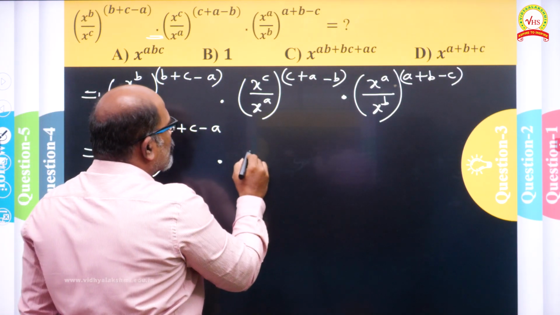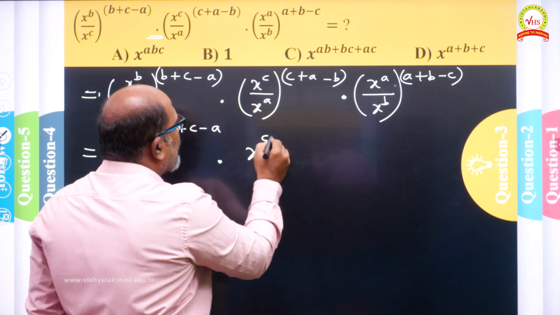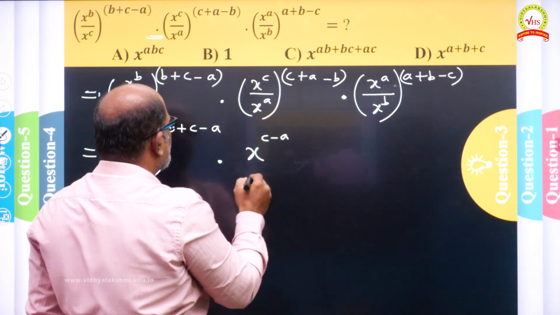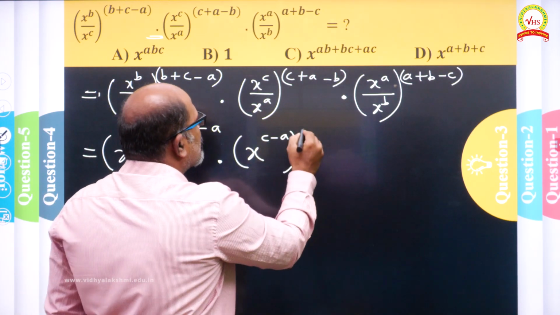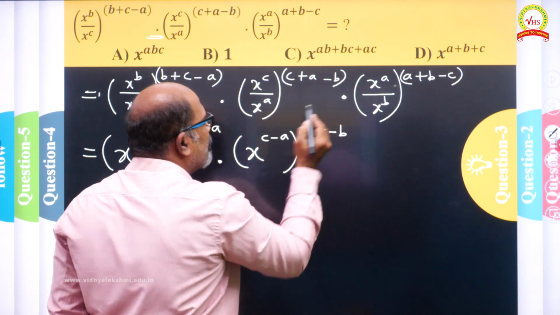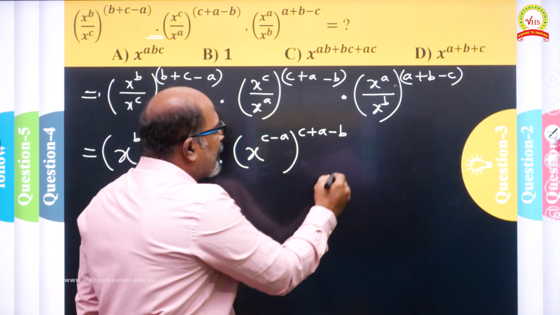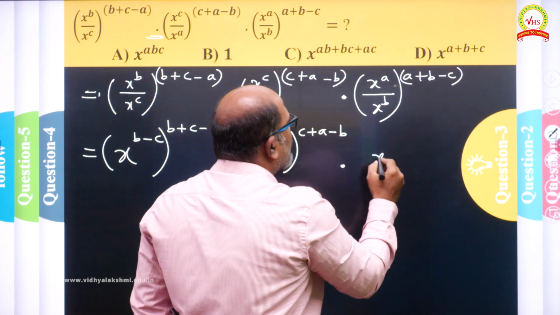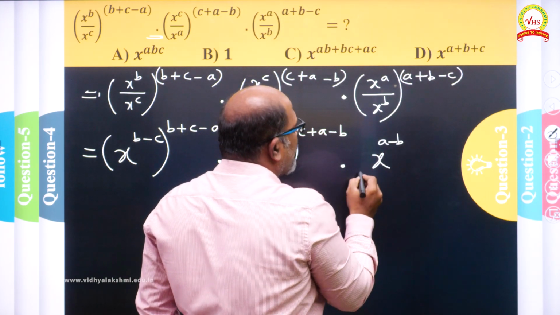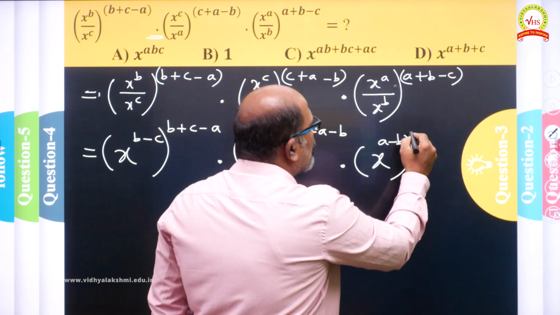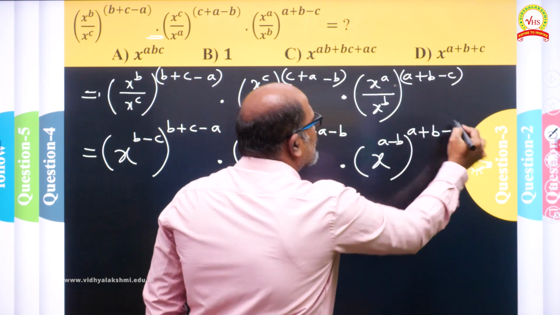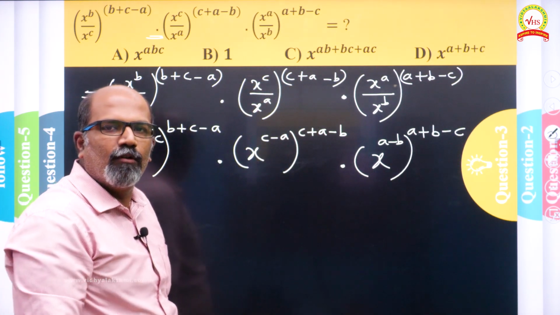And when I apply the quotient rule here, x power c minus a we will be having, and the whole raised to c plus a minus b, followed by x to the power a minus b you will be having, the whole raised to a plus b minus c. Do you follow?